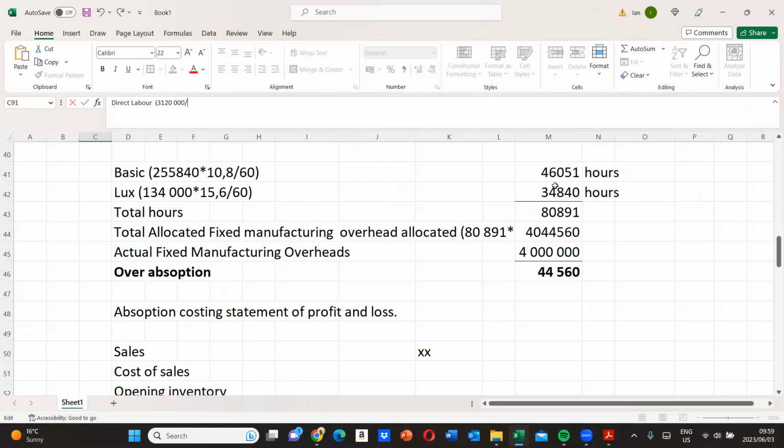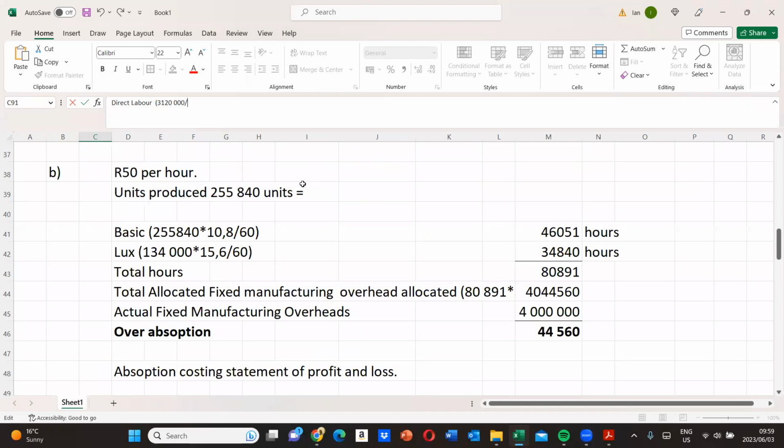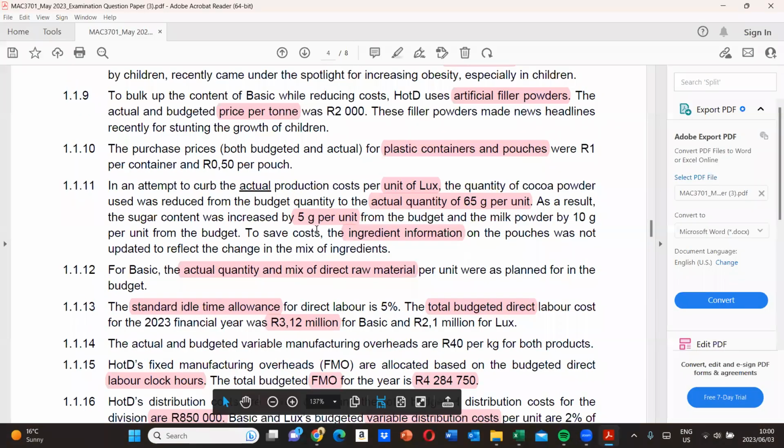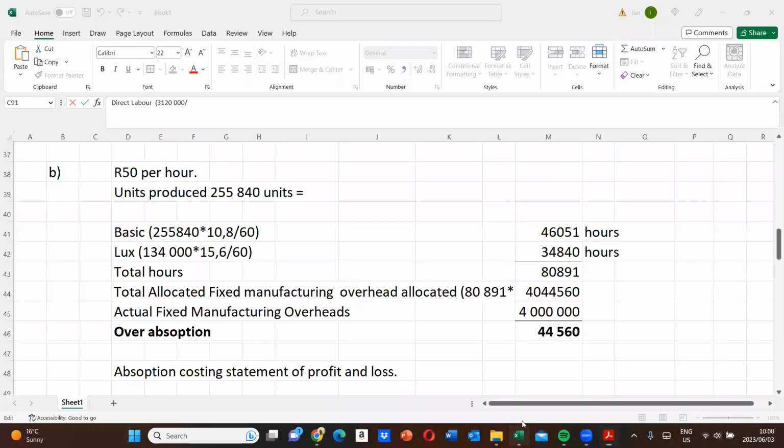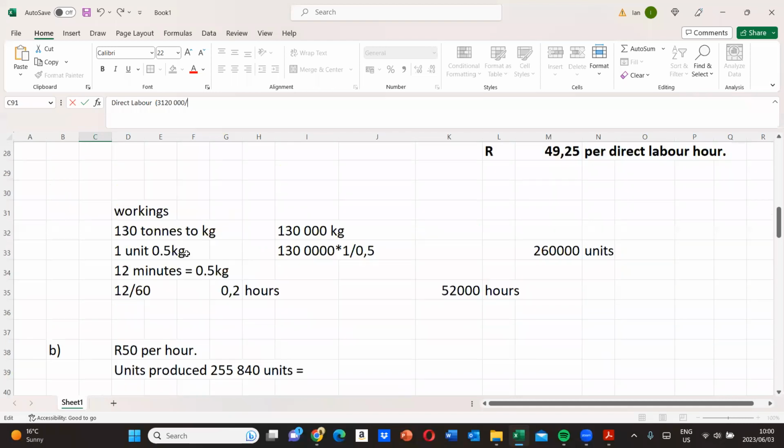So here we have 46051. I think that is what we have in respect to labor there. Let me just quickly see something. It's taking us 12 minutes. Did we use 12 minutes?